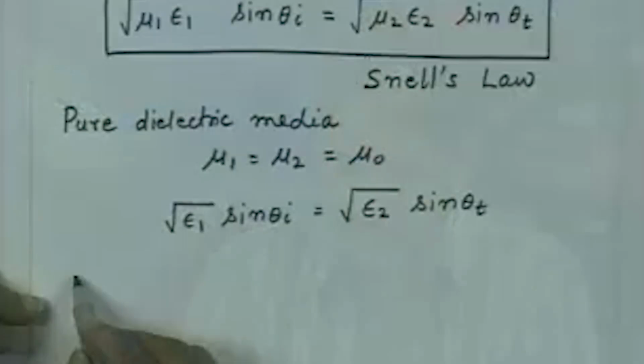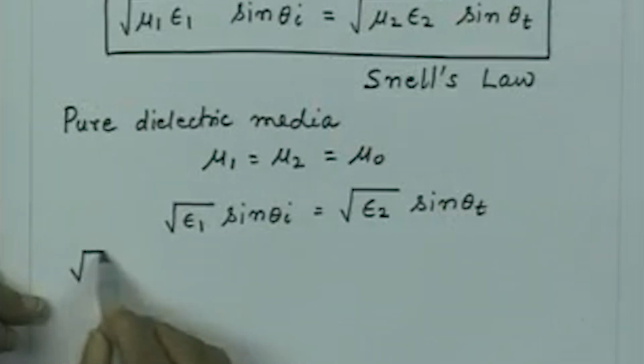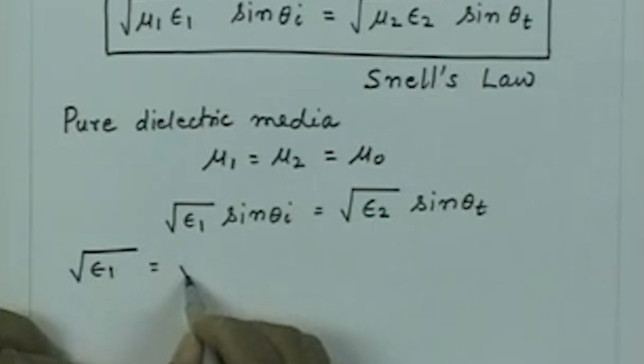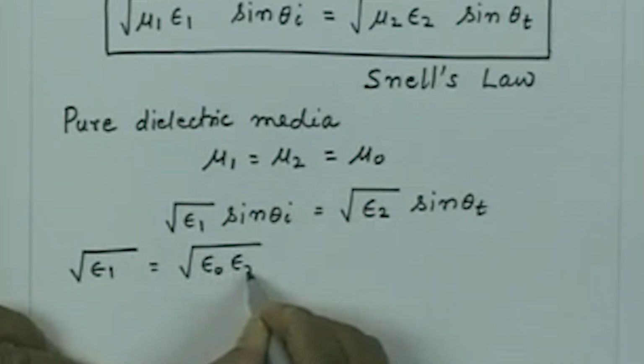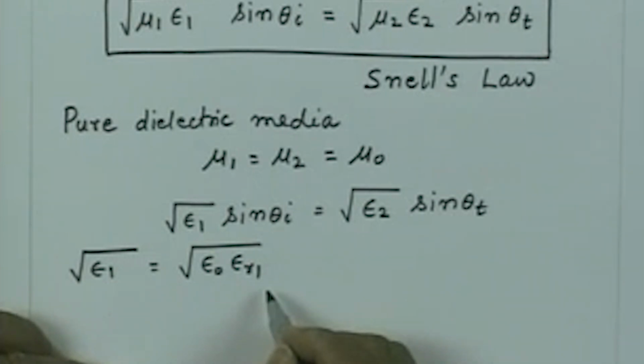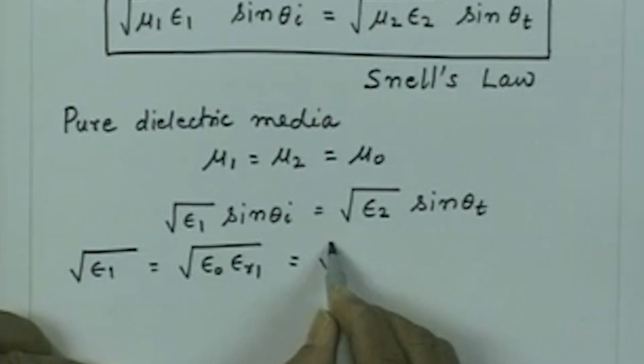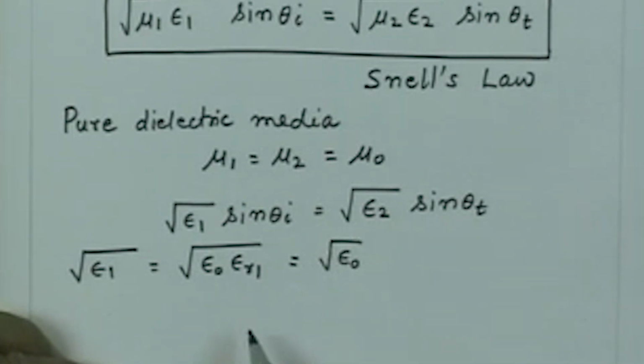So, square root of epsilon 1 is equal to square root of epsilon 0 into epsilon r1, that is equal to square root of epsilon 0 and square root of epsilon r1, which as we have seen is nothing but the refractive index of the medium.